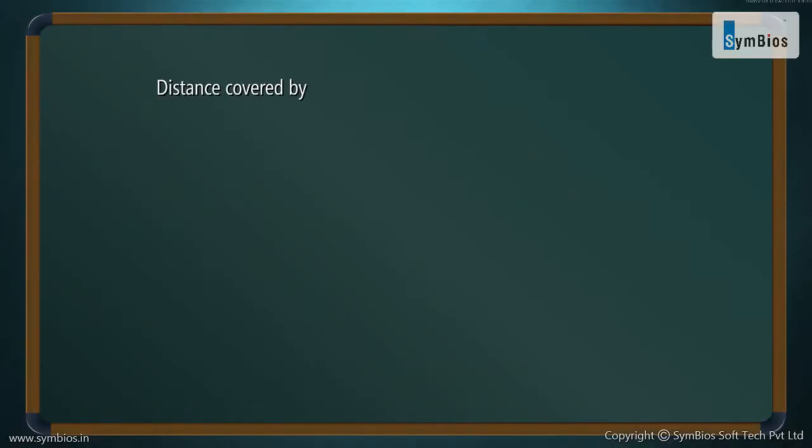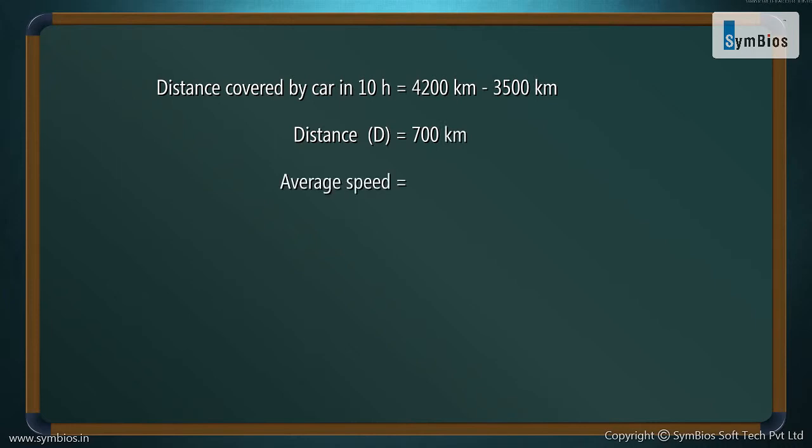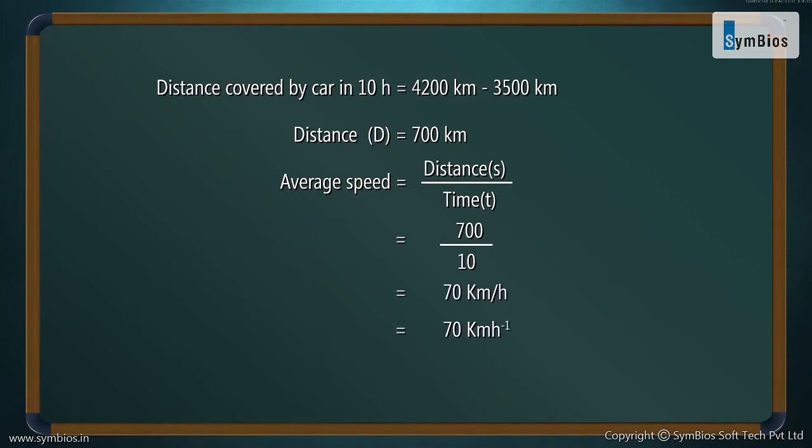Distance covered by the car in 10 hours: distance is equal to 4200 km minus 3500 km, equal to 700 km. Therefore, average speed of the car is equal to distance by time, 700 by 10, equal to 70 km per hour. Hence, the average speed of the car is 70 km per hour.